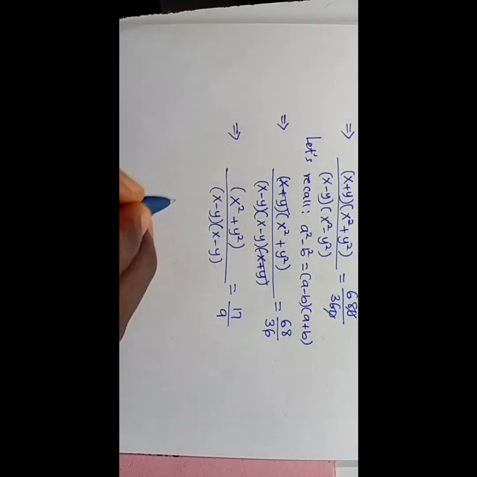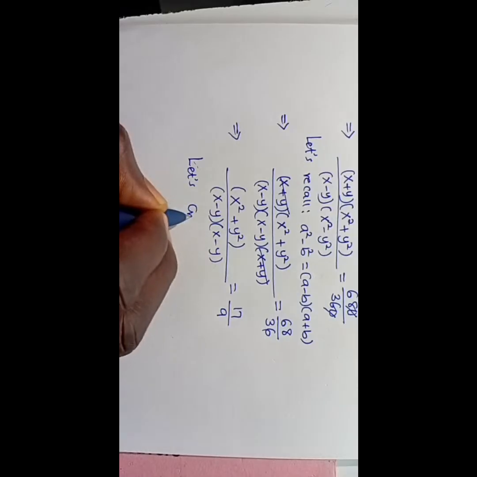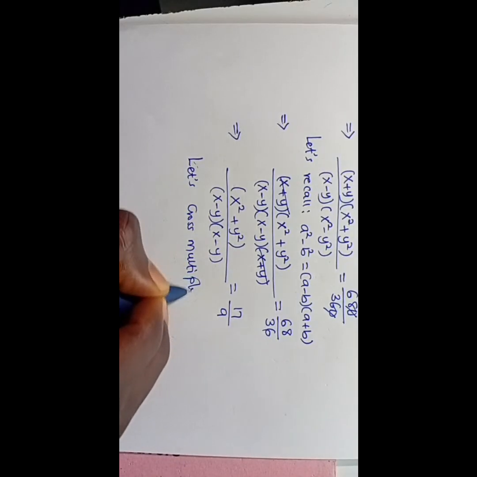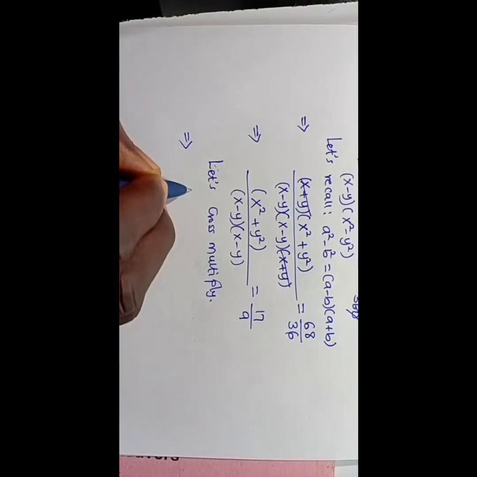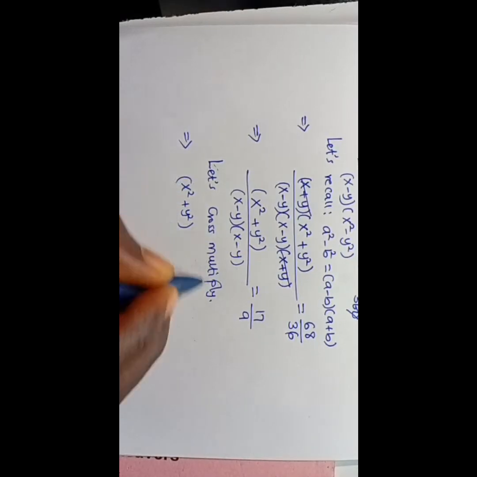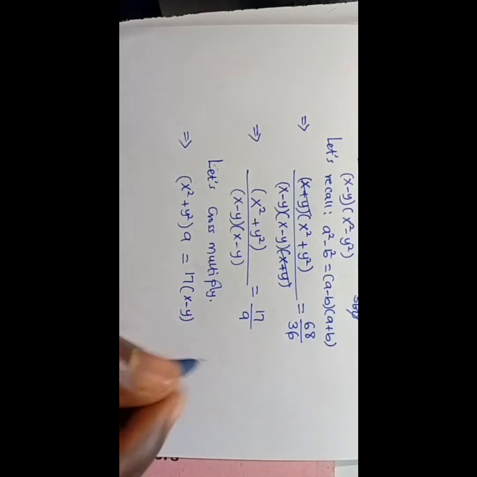So now, let's cross multiply. (x² + y²) times 9 equals 17 times (x − y)².